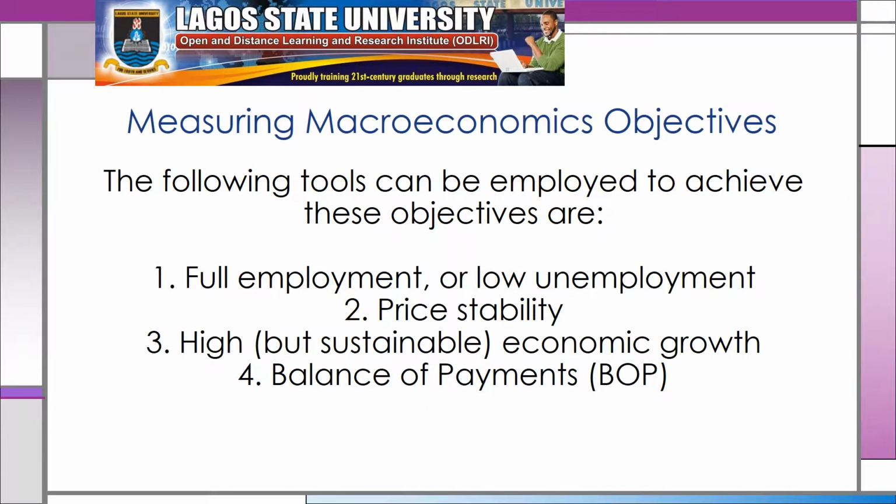Measuring economic objectives: because we have goals, we have those policies as our targets. The objectives to be achieved are full employment or low unemployment, price stability, high but sustainable economic growth, and balance of payments.